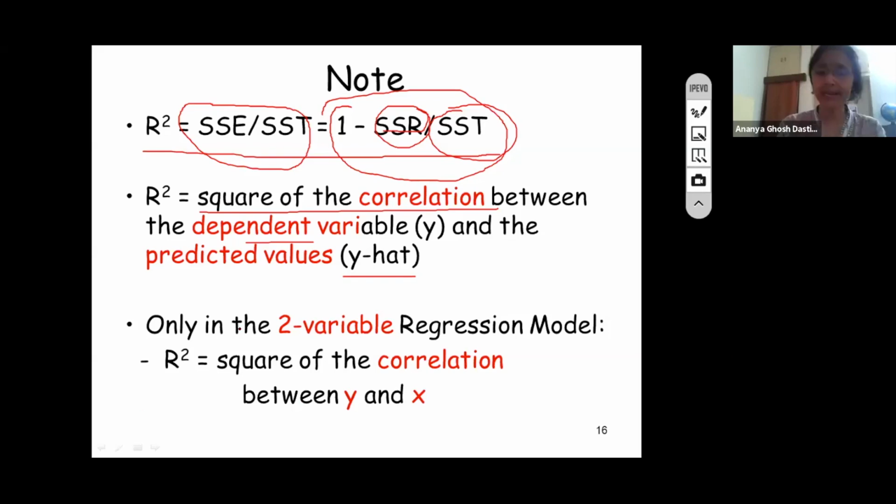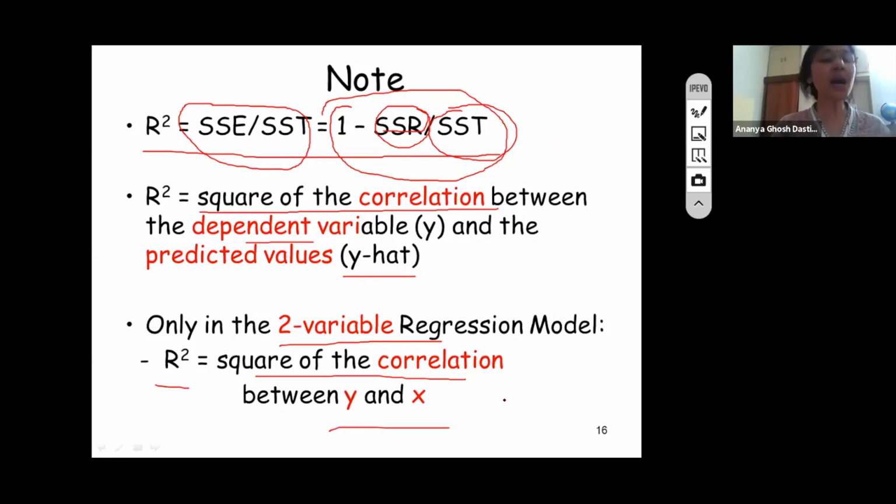Now, in the two variable model, you have a special result. The R squared is also the square of the correlation between x and y. Yesterday somebody was asking about correlation and regression, so especially for that person, this is something to note. There's a feature of correlation which is actually sitting right there inside your regression model.